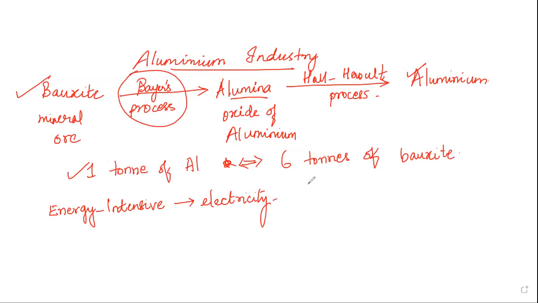Therefore, when we teach about locational factors of the aluminium industry, it is either located near hydroelectric power plants or, in some places, even near thermal power plants. So mostly HEP, hydroelectricity, is preferred. That is also one of the factors for location of the aluminium industry.